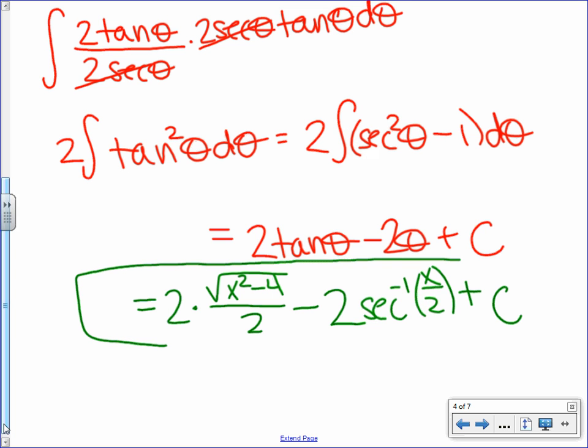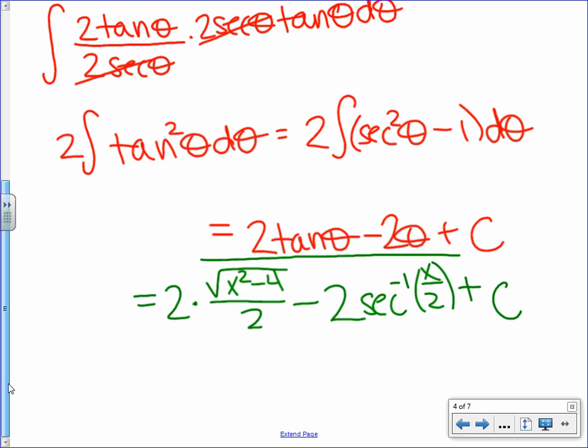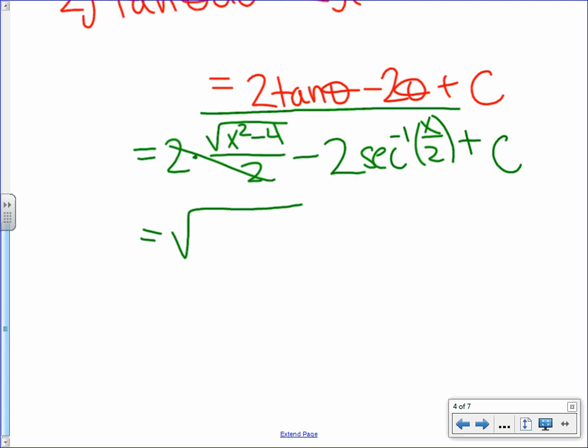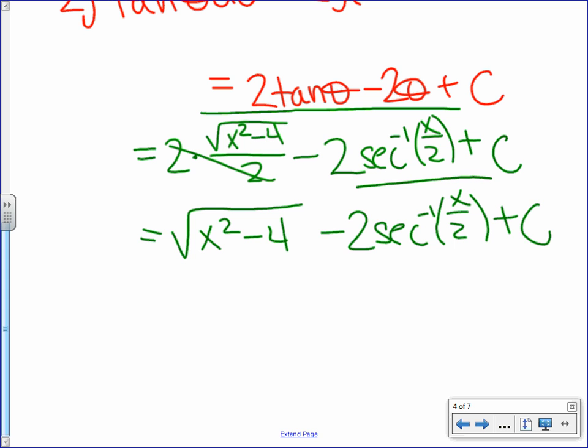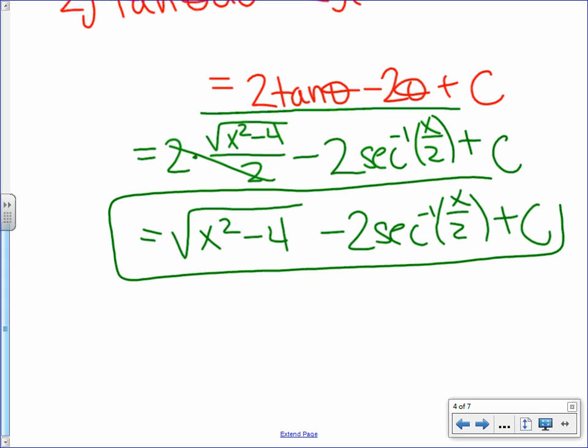Well, I guess I shouldn't get too excited yet, right? Because we can simplify this a little bit to be the square root of x squared minus 4 minus 2 secant inverse of x over 2 plus c. Pretty sweet, right?